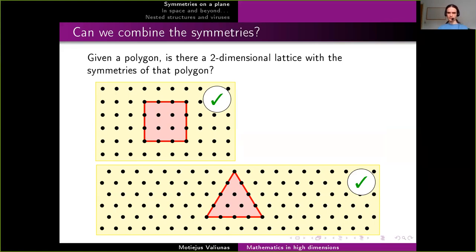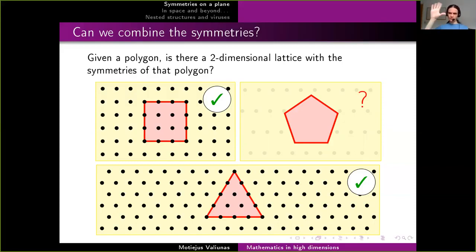So triangles are nice in this respect. But what about things like a pentagon? At first you may think, well, maybe we can find some arrangement of points on a plane that a pentagon will have symmetries, and the symmetries of the pentagon don't change your object.